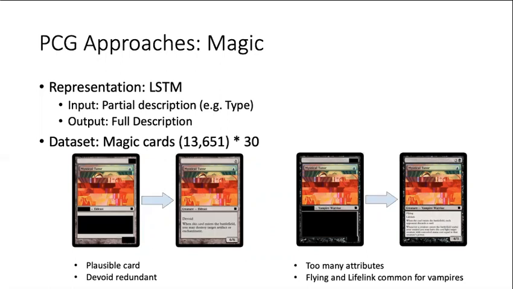And so if you look at these two arrows here, these are two sets of autocomplete from a partial description. And so on the left, you can see there's a little bit of information here. And on the right, you can see that this has been filled in, and you now know it's a creature. And so it's a plausible card, but the devoid right here is redundant. But it is something that possibly could work in the game.